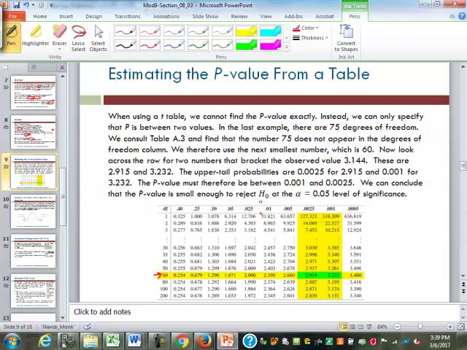This table says if the upper tail probability is 0.0025, it's 2.91. We're looking at an upper tail probability of 0.05, so 1.671 would have been our critical value, because alpha would be the upper tail for that table.